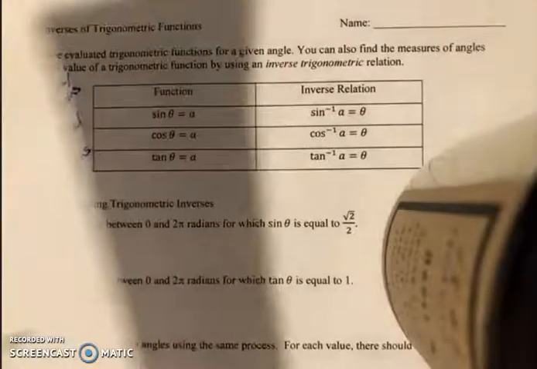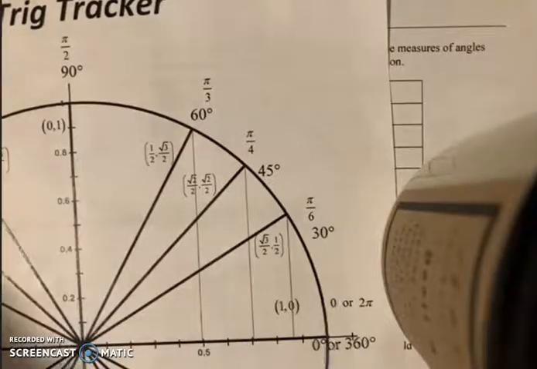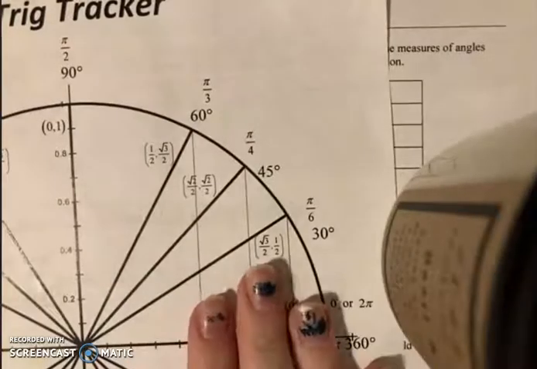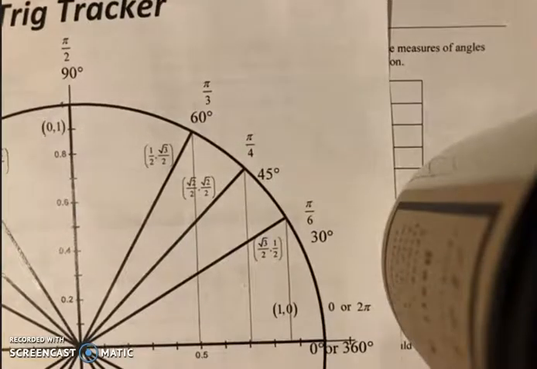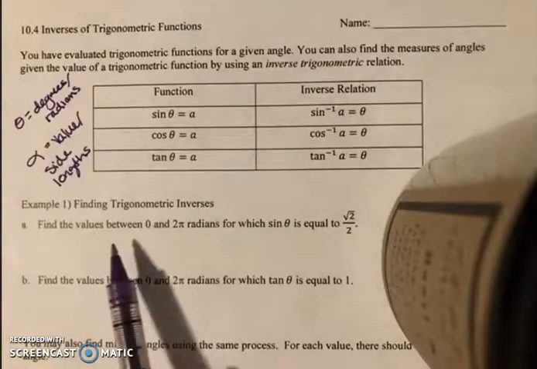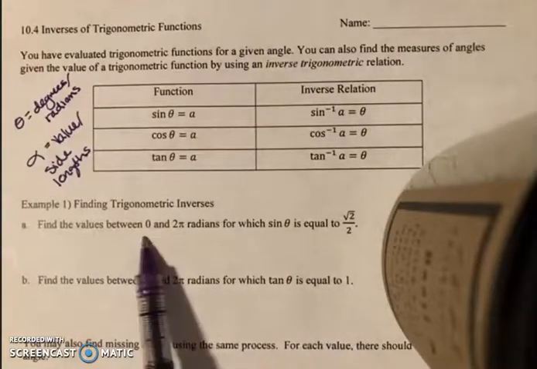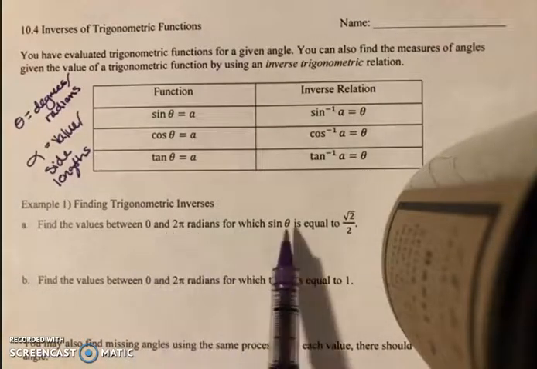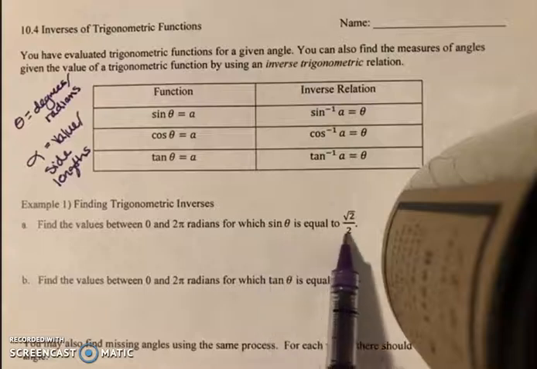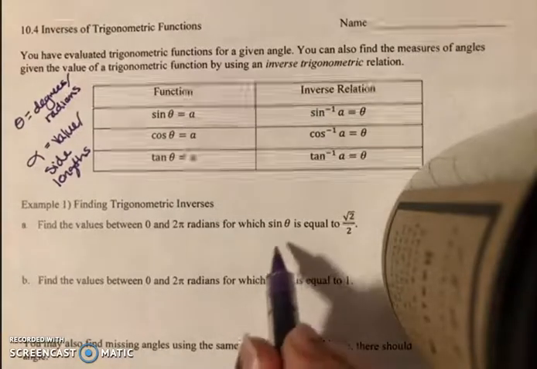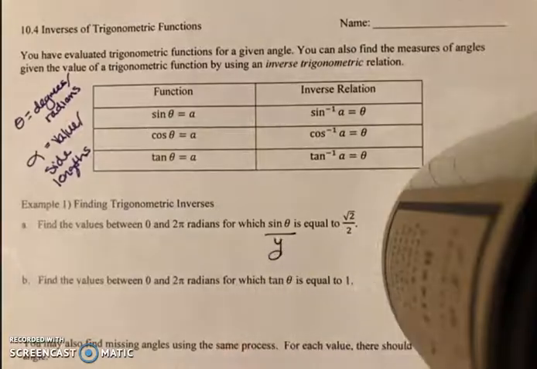Okay, so I went ahead and pulled out my trig tracker. I'll eventually give you a copy of this. The question said, find the values between 0 and 2 pi, from our unit circle, for which sine of theta is equal to root 2 over 2. Well, sine, we know, is the y value.